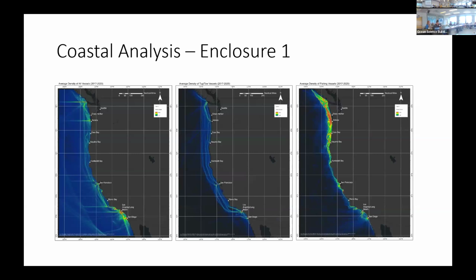This is just another quick depiction of some of the data that was looked at. The picture on the left is all vessel activity captured during that time period. The one in the middle is tug and tows.